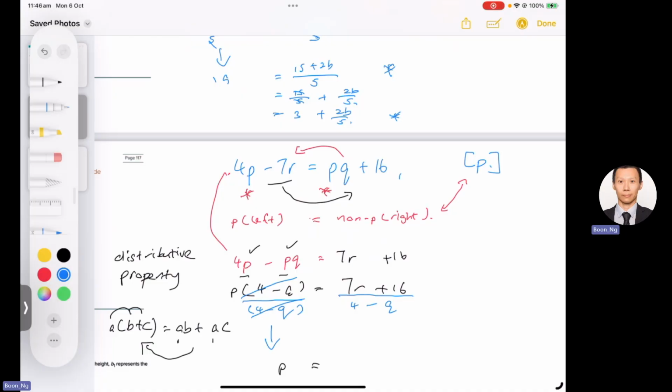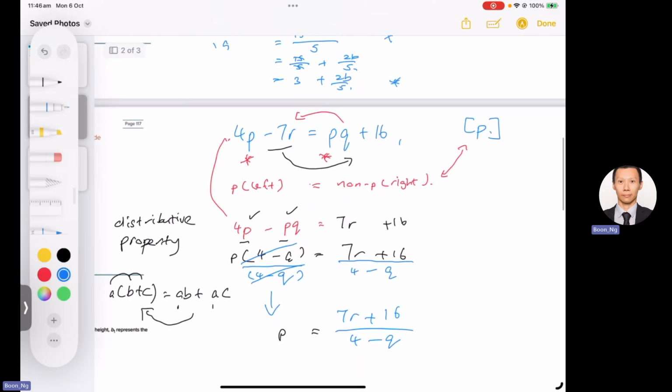We get P equal 7R plus 16 over 4 minus Q. That is the answer for example 2, sorry, example 2.